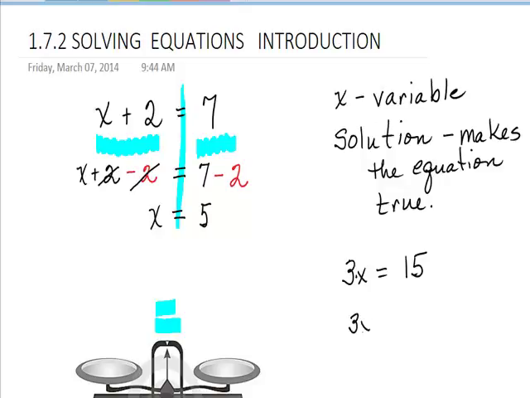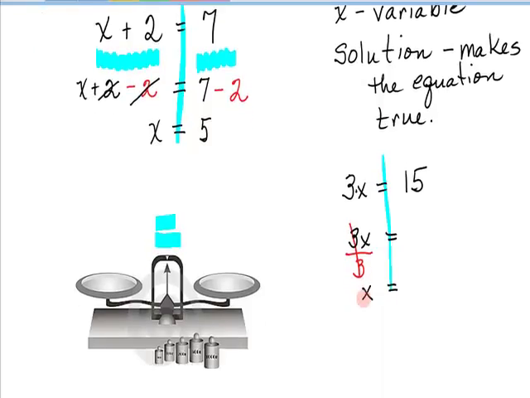So I've got 3x, still got my equal sign, got my barrier, and I'm going to divide by 3. 3 divided by 3 gives me 1, so I will have 1x, and I don't have to write a 1. 1 times x is x. But I divided the left side by 3, so I need to write down the right side and divide it by 3. 15 divided by 3 is 5.